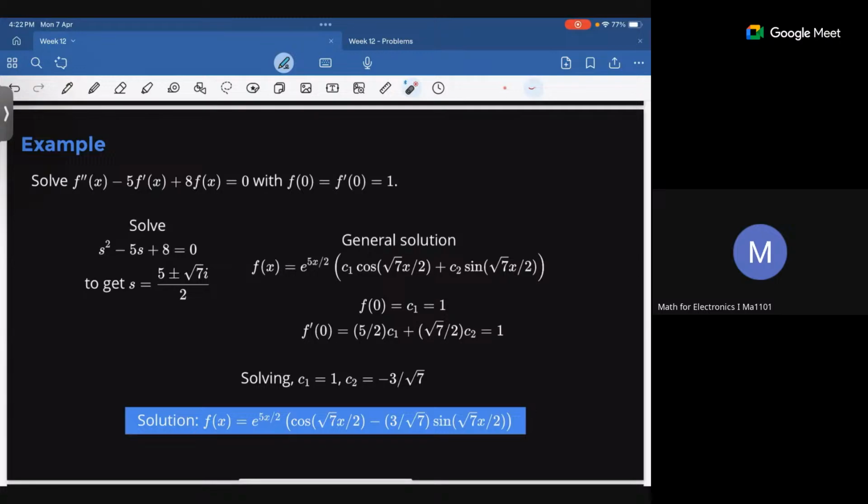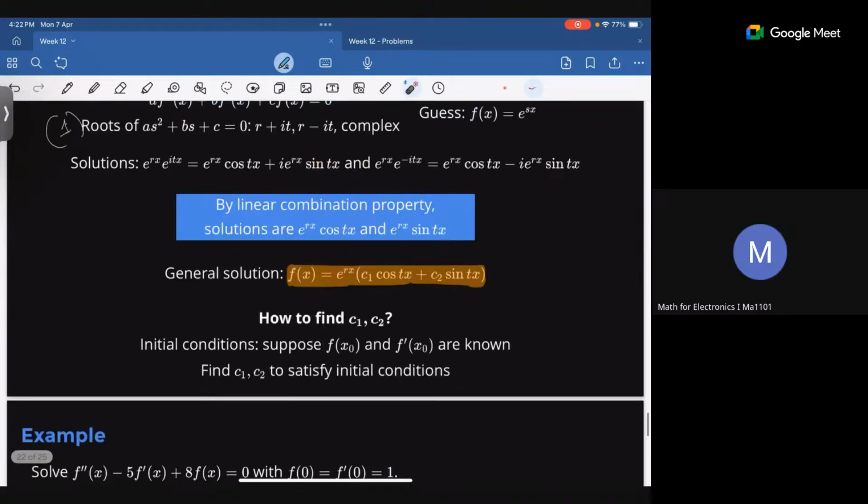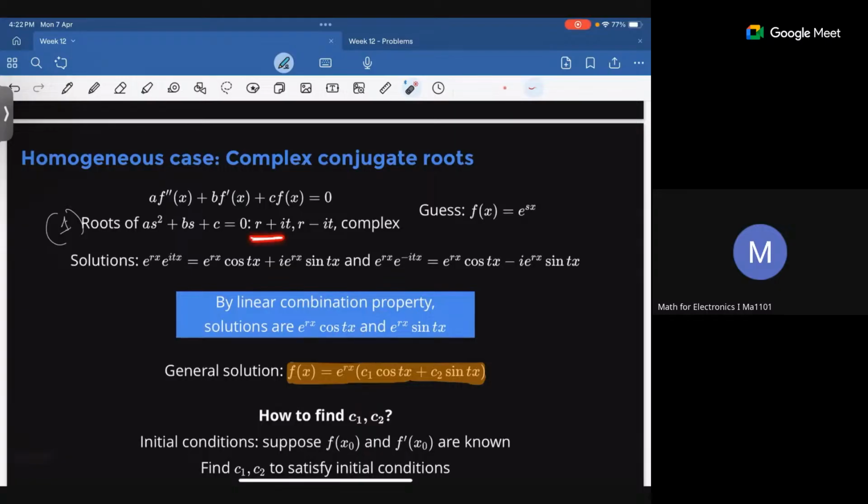So this is a complex conjugate roots case. Therefore, the general form will be: here r is 5 by 2 and t is root 7 by 2. So if r plus it is the root, your general form will be e power rx times cos tx and sin tx.